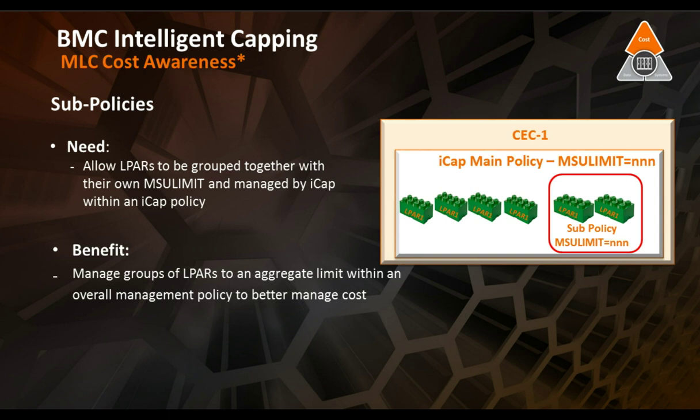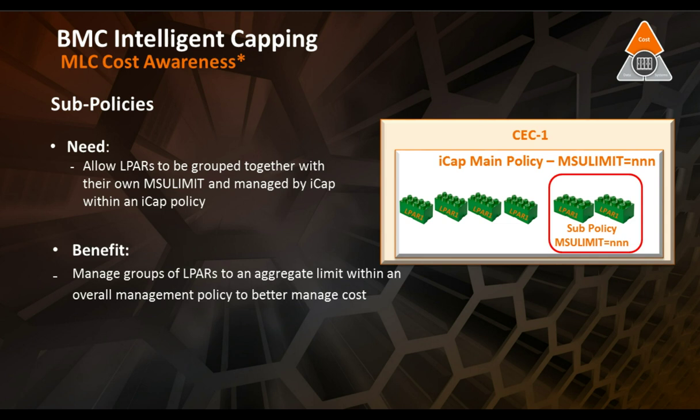So let's expound on that just a little bit further. Let's say I have multiple LPARs running multiple different subsystems. I may have multiple LPARs that are dedicated to IMS. I may have a service bureau that I use and manage. ICAP allows you to build what we call sub-policies.